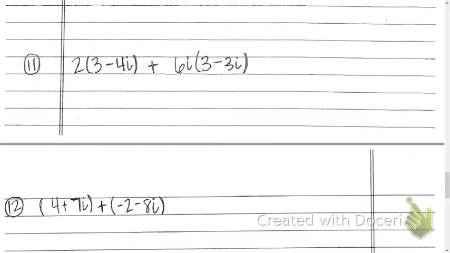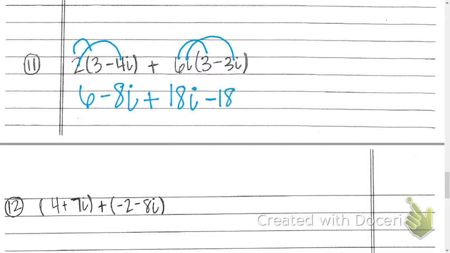Okay? So what do I have to do with this 2? Distribute. 2 times 3, 6. 2 times negative 4i, negative 8i. Plus 6i times 3, 18i. 6i times negative 3i, negative 18 i squared.